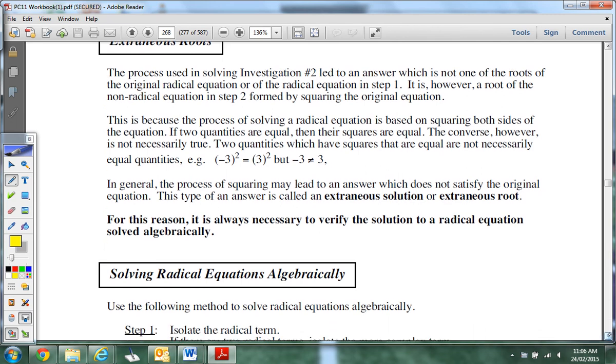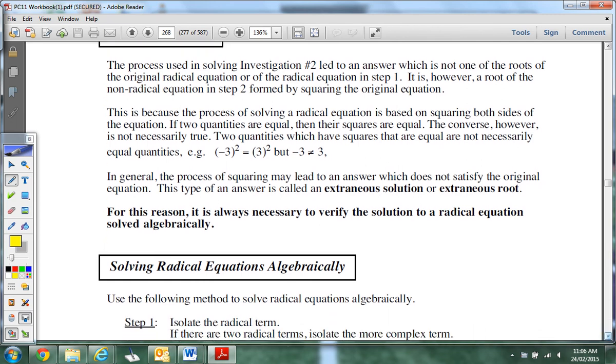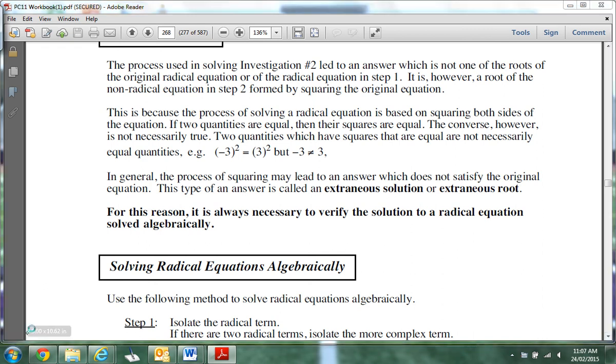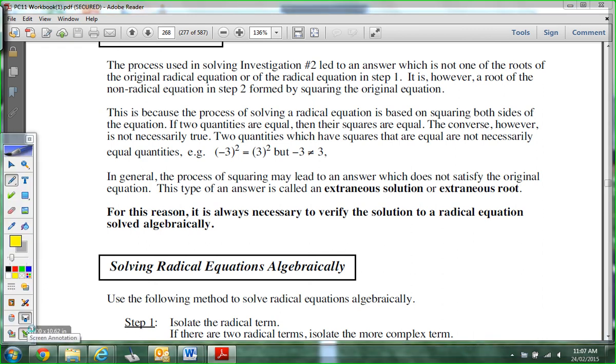That's where we come from, extraneous solutions, or roots, excuse me.